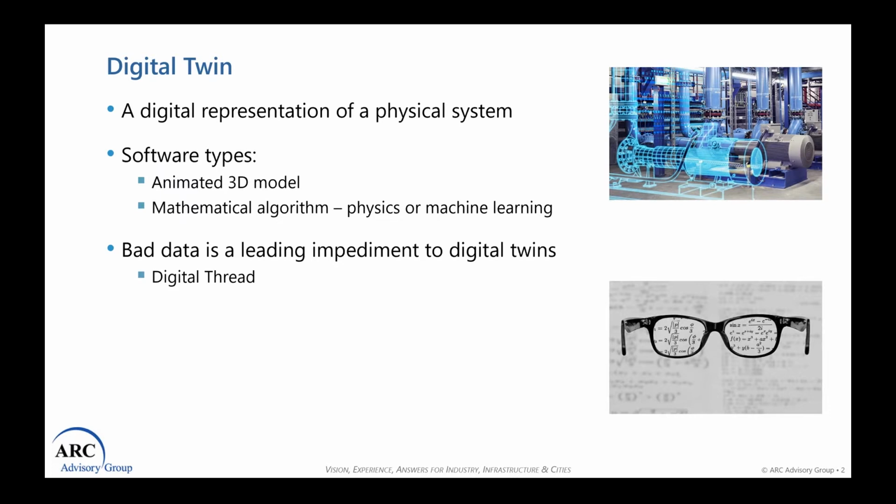If you don't do a digital twin, you'll never highlight the bad data issue, and you'll never know enough to solve that problem. So we recommend implementing digital twins with the foreknowledge that you will come across bad data issues. Those will be highlighted, and then you can start solving them as they occur.